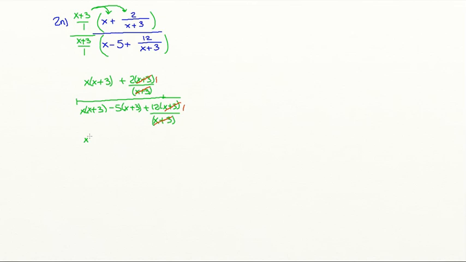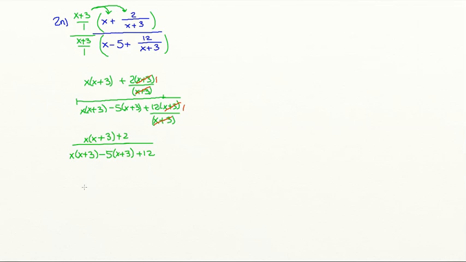And now I have x times x plus 3 plus 2 over... It is very tempting to reduce this x times x plus 3 and this x times x plus 3, but you cannot. The reason why is they're being added and reducing is dividing.